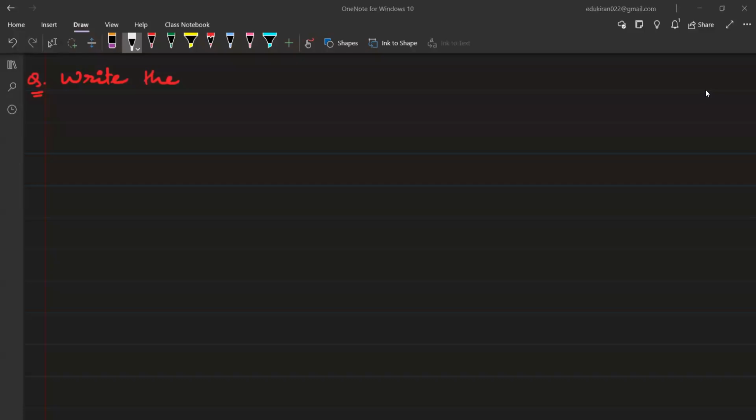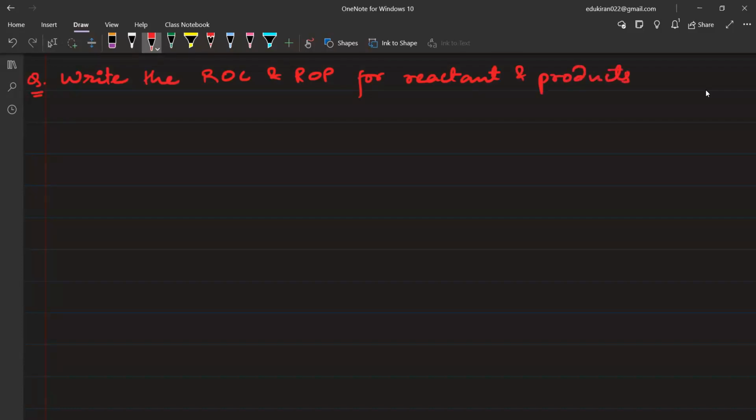Please write the rate of consumption and rate of production for reactants and products, and also write the rate of reaction for the following.